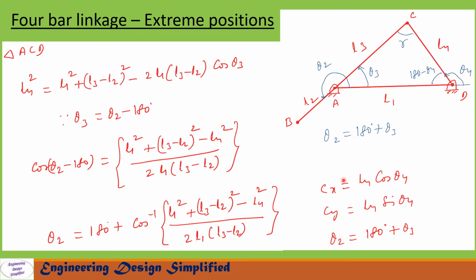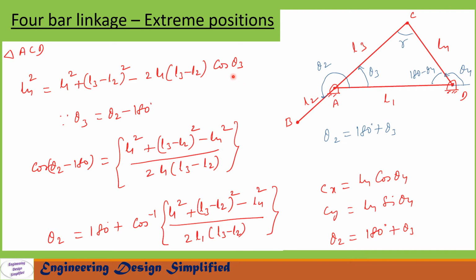So theta 2 can be written as 180 plus theta 3. From this triangle ACD, again let us apply cosine rule. Using cosine rule, L4 square equal to L1 square plus (L3 minus L2) square minus 2 L1 into (L3 minus L2) cos theta 3.